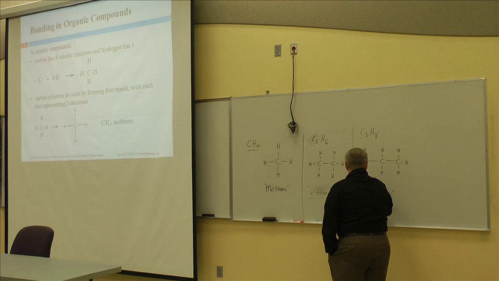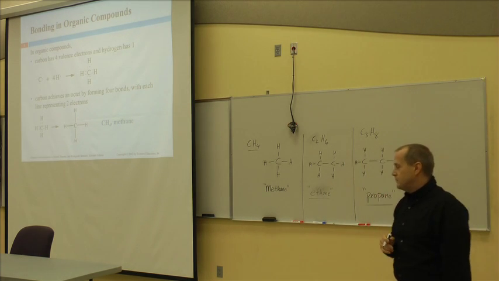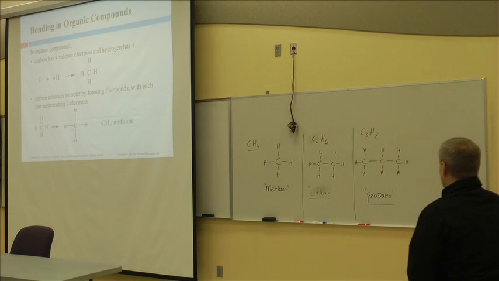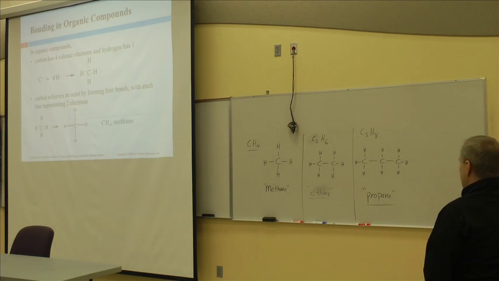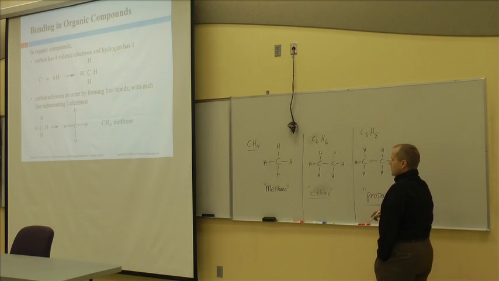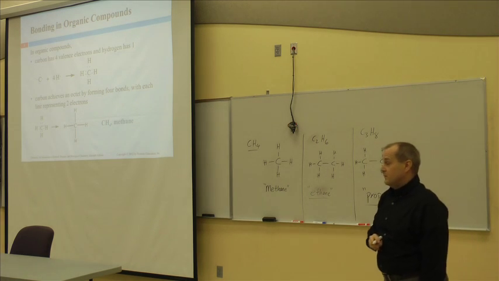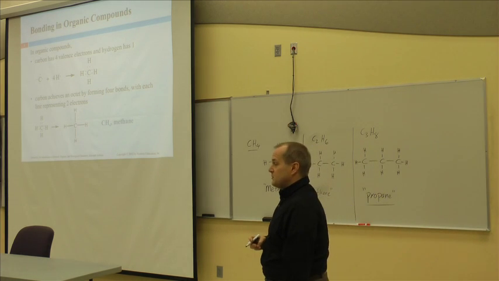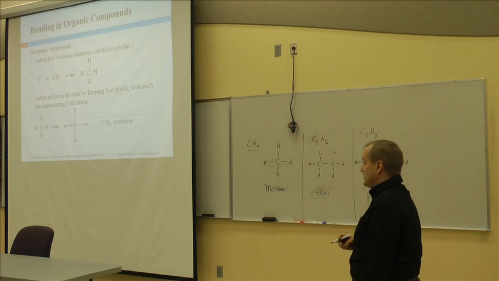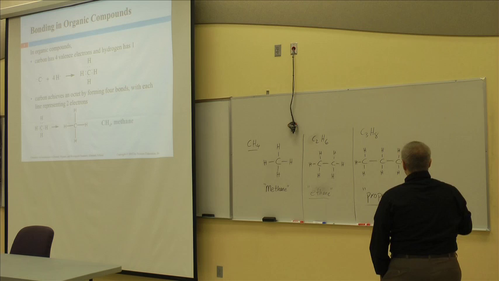Anybody who likes to grill likes propane. If you're a purist, you use charcoal. Just saying. Propane, C3H8. If you say propane to any chemist in the world, they will draw that molecule right there. Doesn't matter what language they speak: English, German, Italian, Japanese, Chinese. They will draw that molecule from that word, because that's its name.